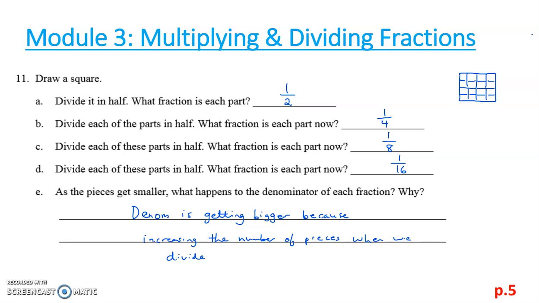So as we divide this figure into half, into quarters, into eighths, into sixteenths, our pieces are getting smaller and smaller and smaller, and we're getting more and more of them. And what's happening is our fractional part is also getting smaller. So 1/2 is greater than 1/4, is greater than 1/8, is greater than 1/16.